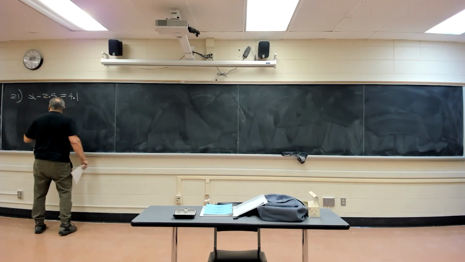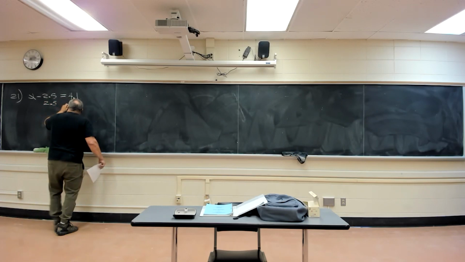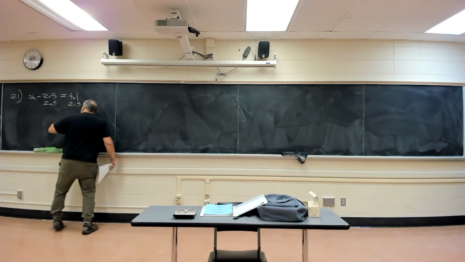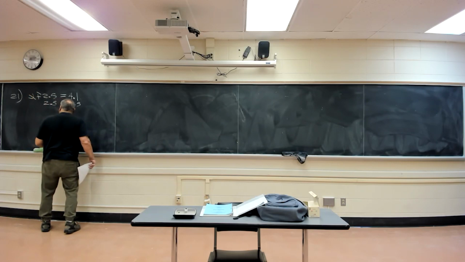If two things are equal, the minus 2.5, you can write it as plus a negative 2.5, or you don't have to. If you're subtracting 2.5, why don't you add 2.5 on each side to solve it? Minus 2.5 is plus the opposite of 2.5. If you add the same thing on each side, it's still an equation. Your goal is to get the x all by itself.